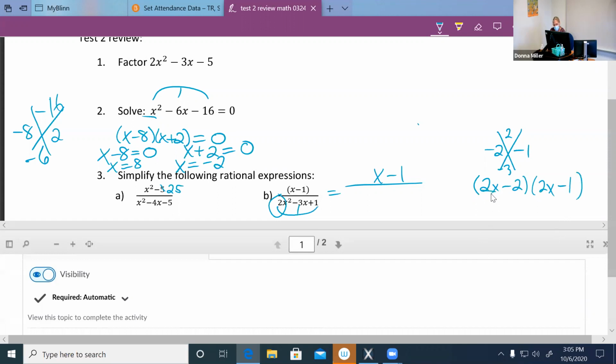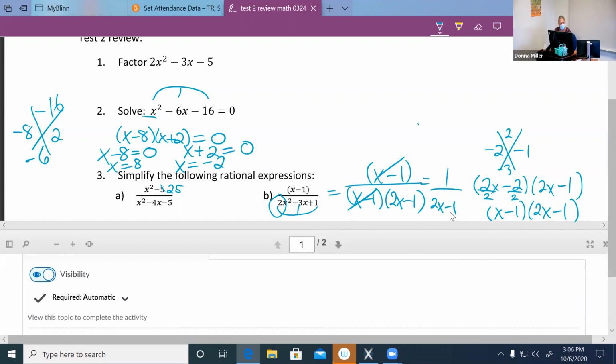And kill a common factor. So you can take a 2 out of here. Can't take anything out of the other. So this factors to x minus 1, 2x minus 1, right? So if I look at that, the x minus 1's cancel, right? So my end result is 1 over 2x minus 1. Is that right? Factor and cancel. That's all this is about. So it's really an exercise in factoring more than anything else.